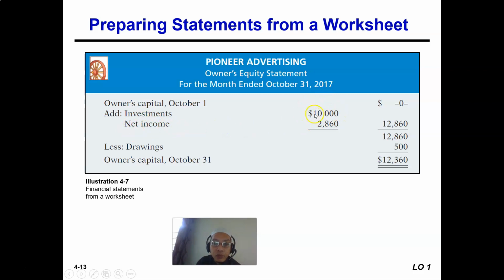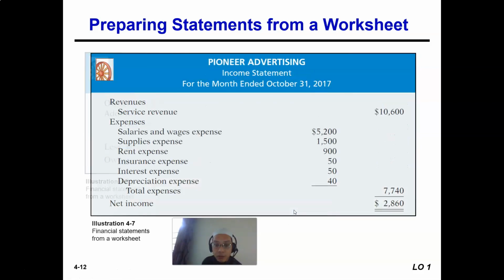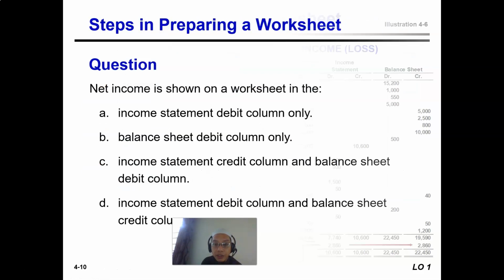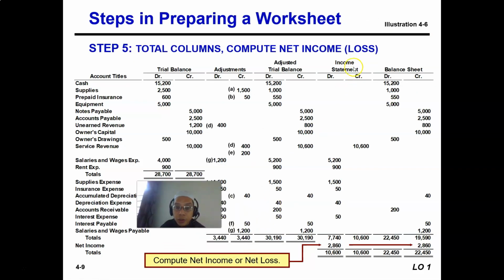Net income comes from the balance sheet column, here. If you see the income statement column, you have 2,860. This is the net income as shown in the income statement, and this balance is transferred to the balance sheet.